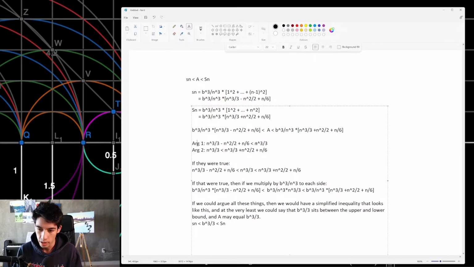It's unclear whether the n cubed term on the right-hand side is always greater than the left-hand terms, because there is a negative quantity being subtracted from this n cubed term, and then a positive term being added. You could argue that there is a quadratic here and a linear term here.